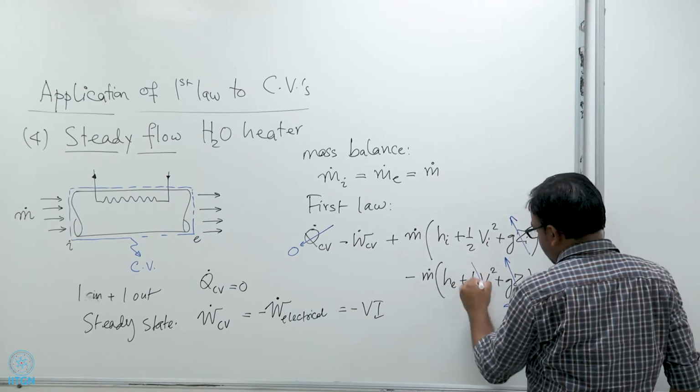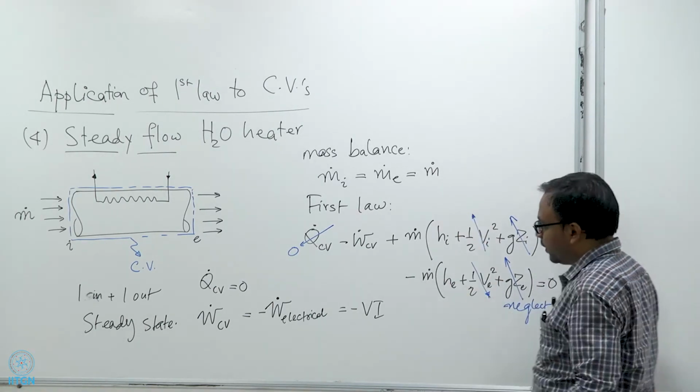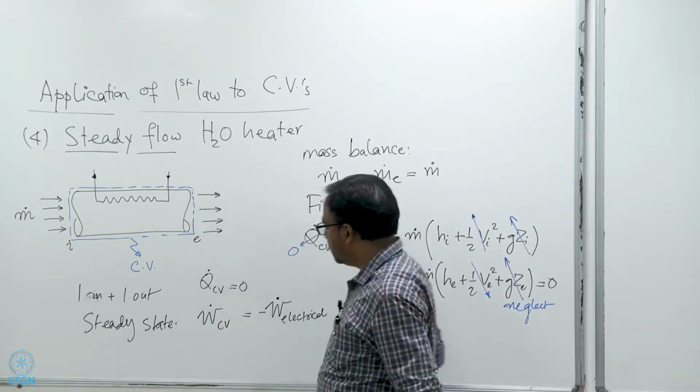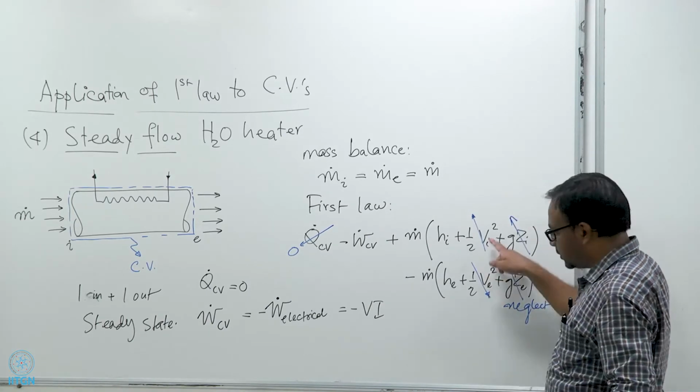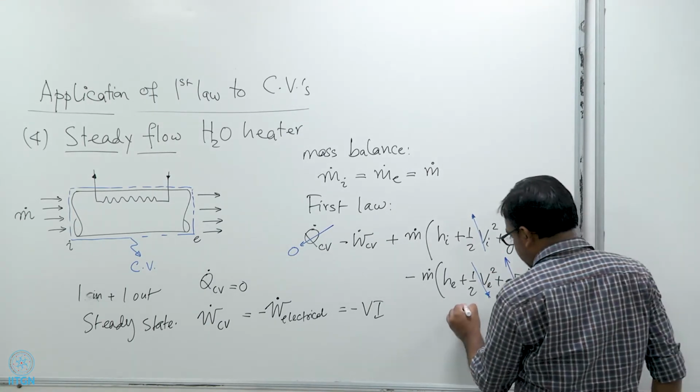Similarly, the changes in kinetic energies can also be neglected. Although the velocity might change a little bit if the cross section of the pipe is changing, you will see that the changes in kinetic energy would also be small. So, this can also be neglected.